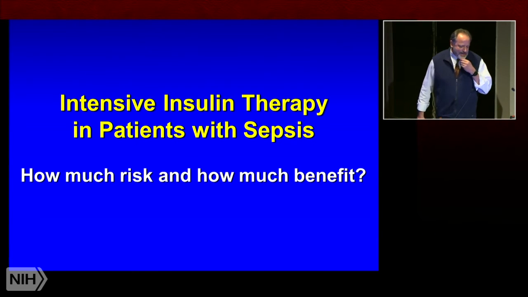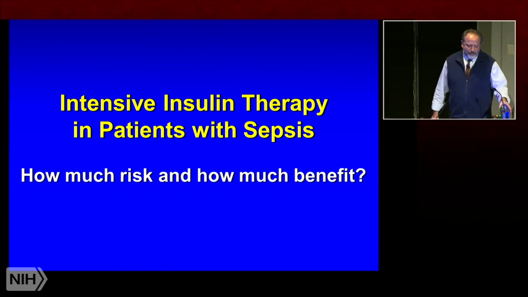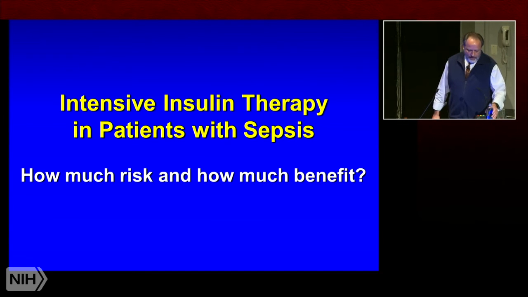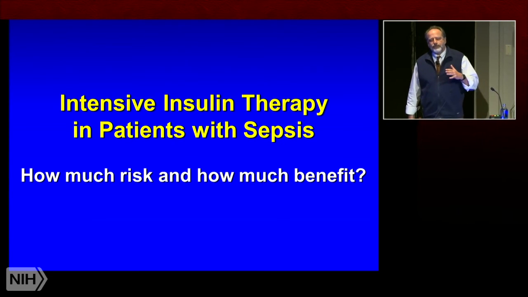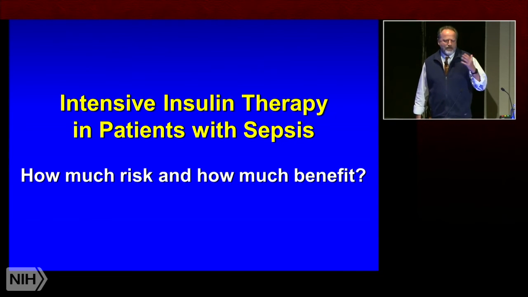So let's look now at another set of studies, and this is sort of a sad thing in the medical industrial complex, what happened with intensive insulin therapy. So they had some people in Belgium, an anesthesiologist, had the idea that we should, like diabetics, if you keep them under very close control, there's a belief that they get less vascular damage.